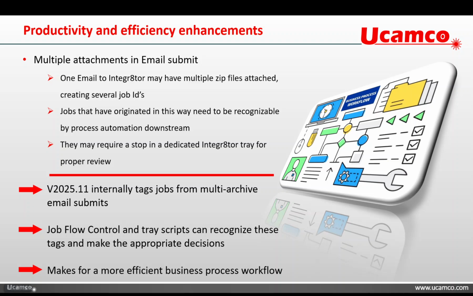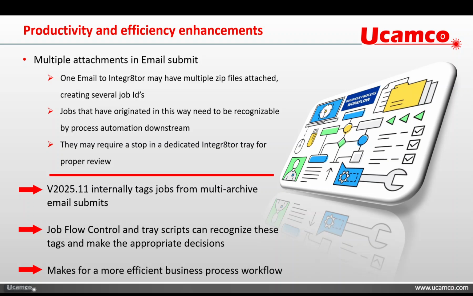But what happens is if you have multiple zips attached to the single email that you send to Integrator, that is going to create, as an example, if you have attached 3 zip files to the email, 3 job entries in the job queue.